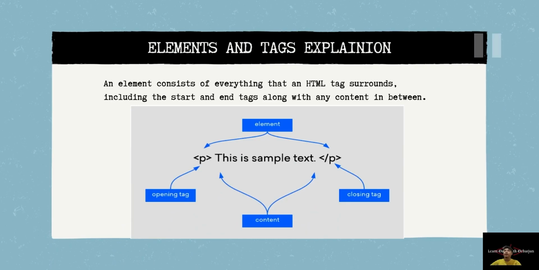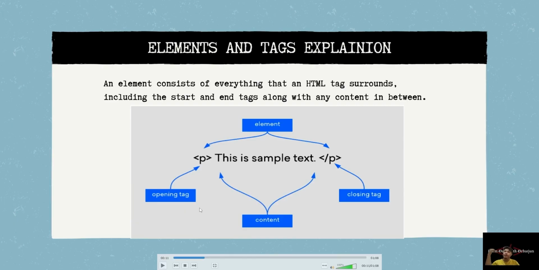So first of all, what is an element and a tag? Usually the element is the whole thing. You can see in this image, the element means all of this, including the opening tag, the closing tag, and the content.